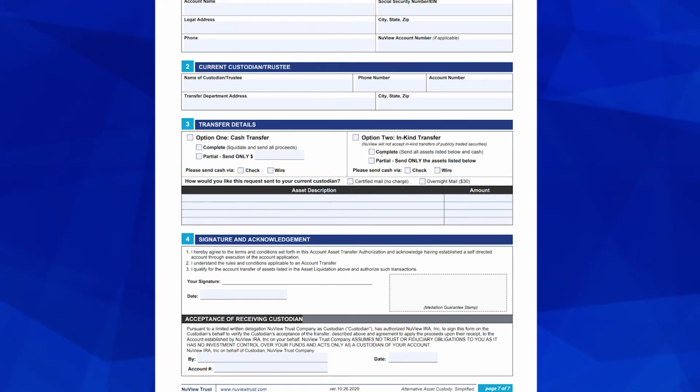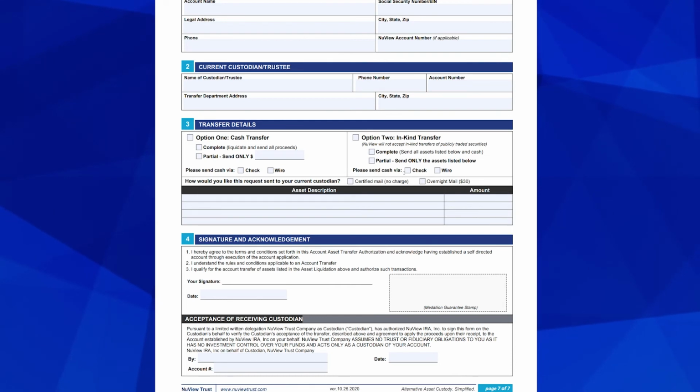Option 2, in-kind transfer. Is this going to be, again, a complete transfer? So we're requesting every asset and penny in the account be sent over to NuView. Or partial, send only the assets listed below. So if you're only wanting to move $500 as an example, and one investment that's no longer being held at the current custodian, you would list those two items here, the amount of cash and the value of the investment currently.